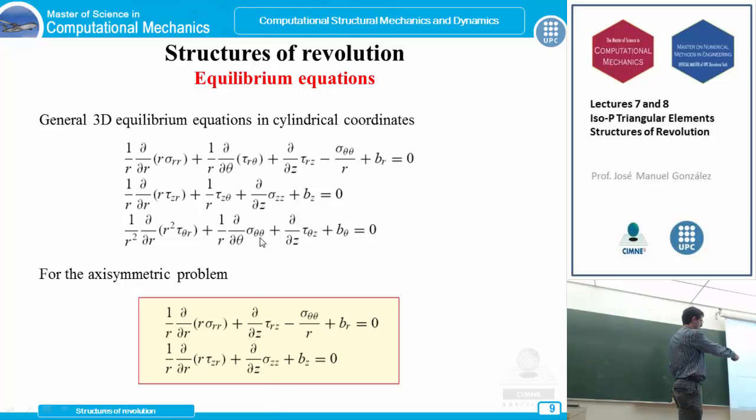So we can't have a variation of this sigma with respect to the circumferential component, because the axisymmetry would not be accomplished in this case. So this sigma theta depends on r or depends on z, but does not depend on this component.